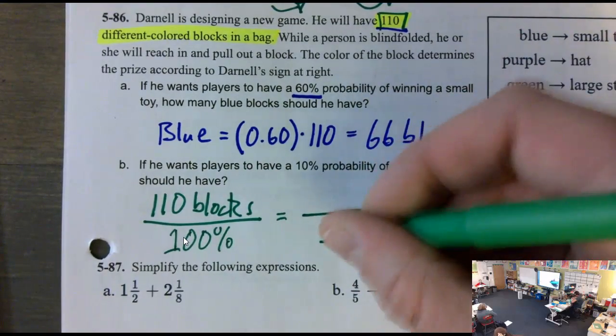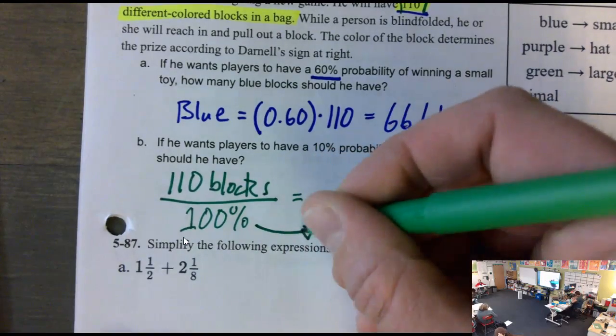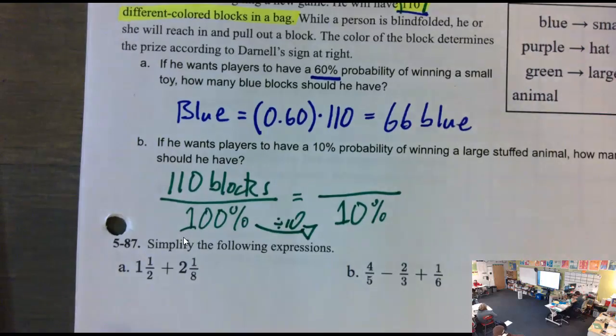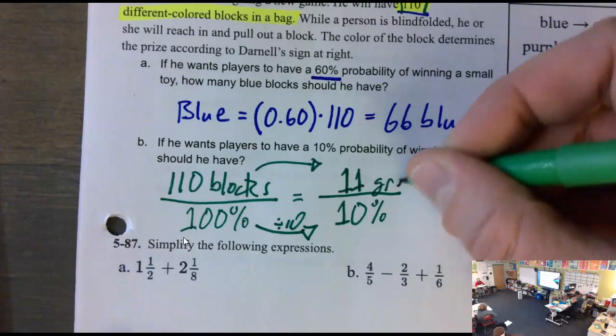How can I go from 100% to 10%? Divide by 10. When we do that on top, we get 11 green.